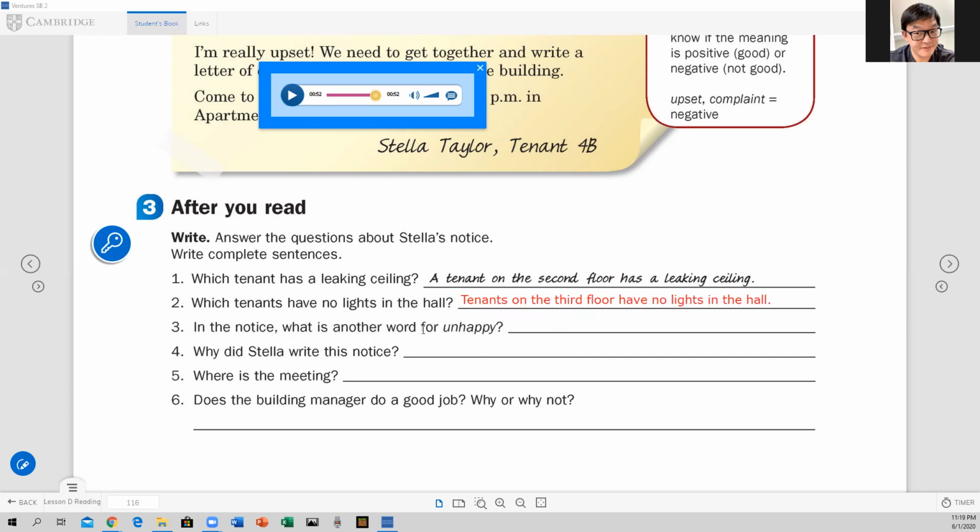Number 3, in the notice, what is another word for unhappy? And the answer is, another word for unhappy is upset.